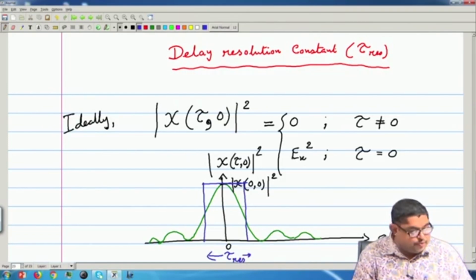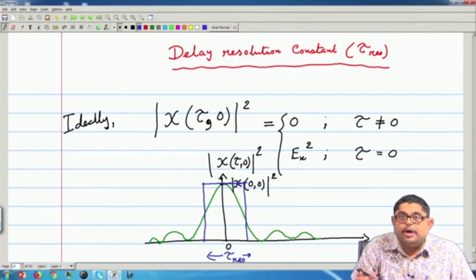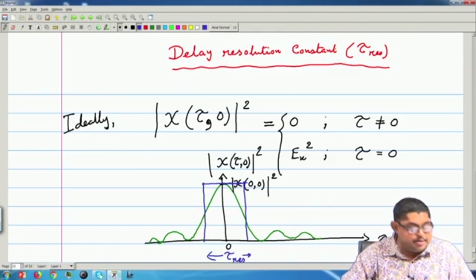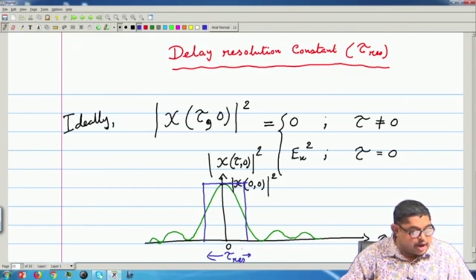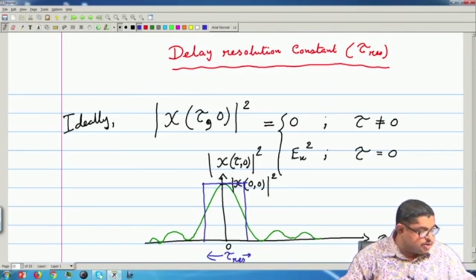So, conceptually, the energy in the range ambiguity function graph is made equal to the energy of a rectangular function whose width is tau resolution and height is |chi(0, 0)|^2, that means the range ambiguity function's value at 0.